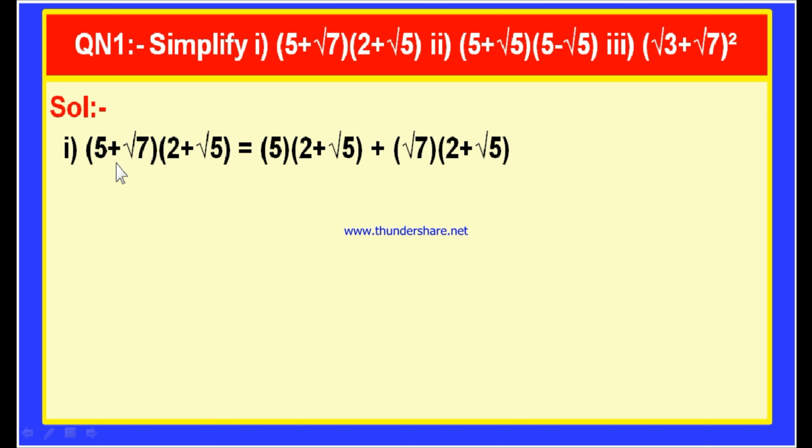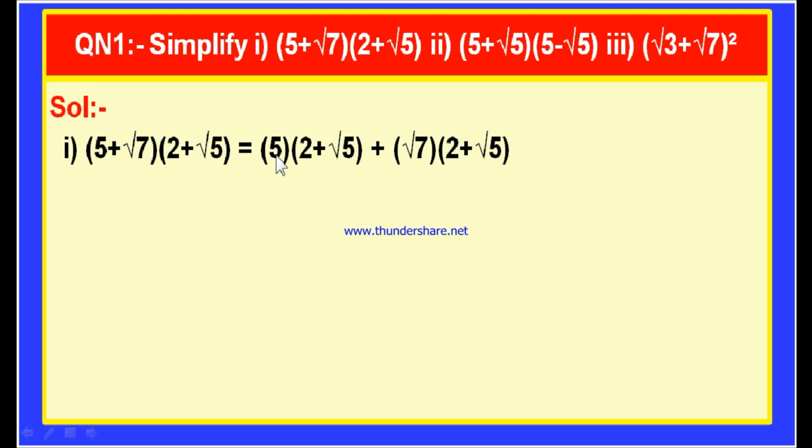We have to multiply 5 + √7 with 2 + √5. So 5 into the total second bracket (2 + √5), plus √7 into the total bracket (2 + √5). Understood? 5(2 + √5) + √7(2 + √5).